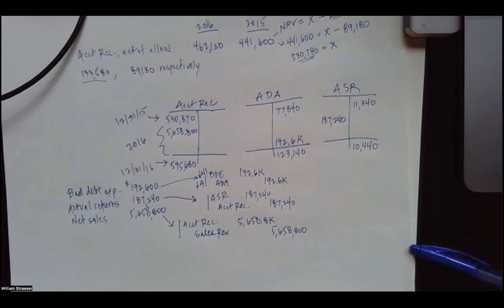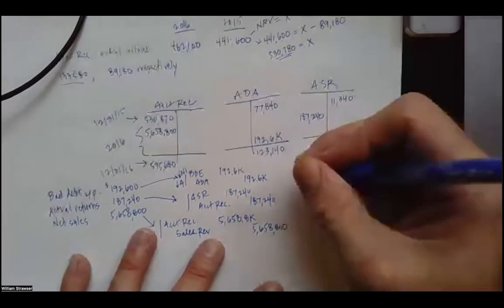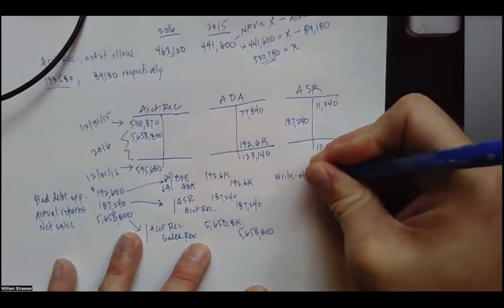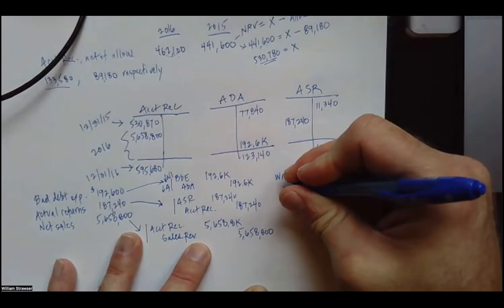Remember that the first question, or actually the second question, said how many customer accounts were written off? How can we figure out how many write-offs we had? When we're looking for write-offs, we also have to understand what that journal entry is in order to figure out where we might find that information.